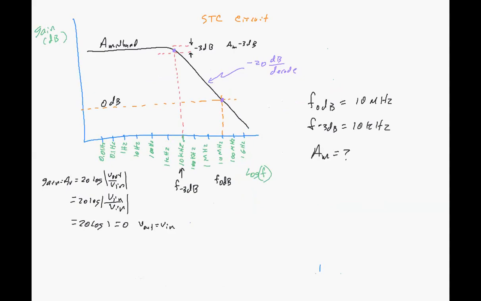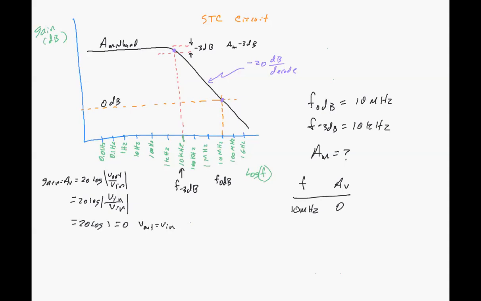One way you can do it is to make a little table. So frequency and gain. We'll start at the 0 dB frequency, 10 megahertz. Our gain is 0.